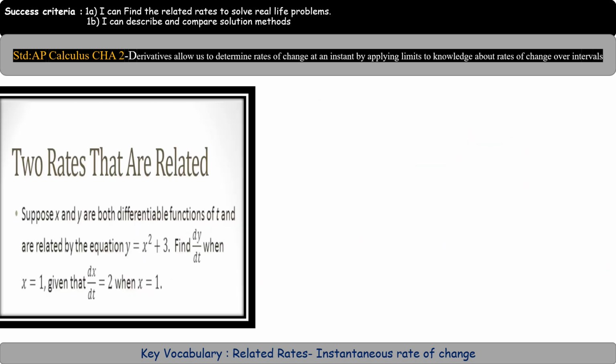Let's try to solve some examples to clear our concept. Take a very easy example. Here they are saying, suppose x and y both are differentiable functions with respect to time and they are connected with the equation y equals x square plus 3. When x equals 1, given that dx by dt equals 2.